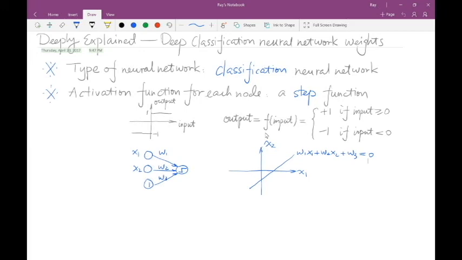Without loss of generality, let's assume w2 is positive. Then w1x1 plus w2x2 plus w3 greater than or equal to 0 represents all the points above and on the line, namely in this region. And w1x1 plus w2x2 plus w3 less than 0 represents all the points below the line, namely in this region.